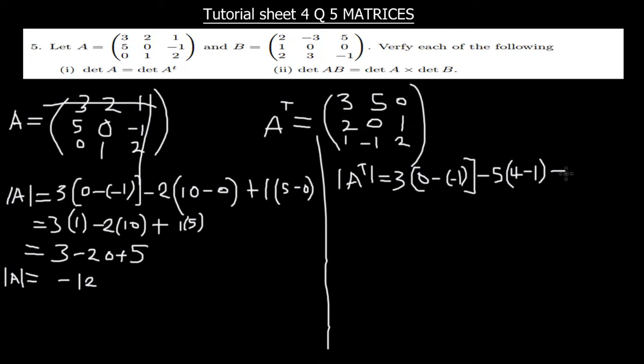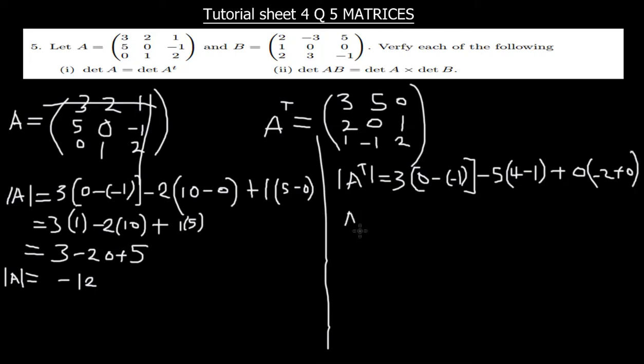Then we move on, plus 0. We get this 0, we put it there, and then open brackets, the minor for 0 will be 2 times negative 2, you get your negative 2 there, and then 1 times 0 you get your 0 plus 0, like that.